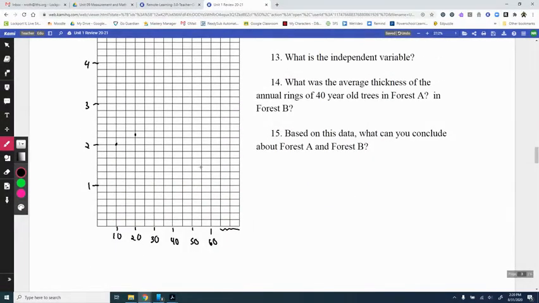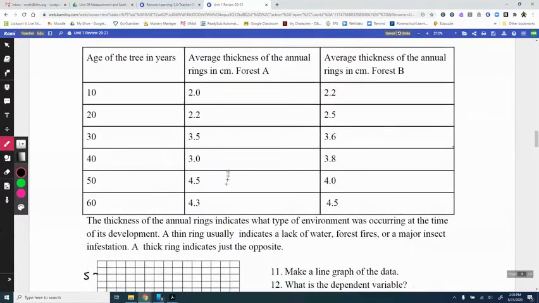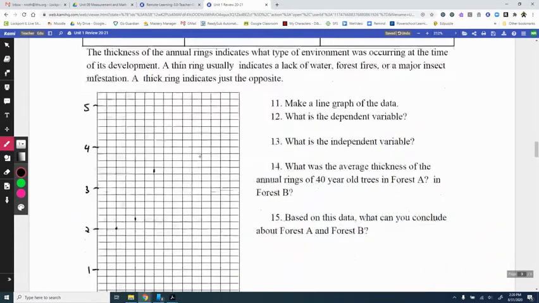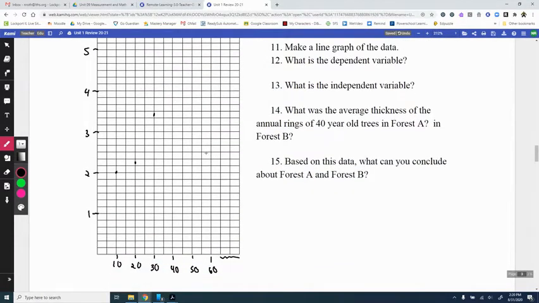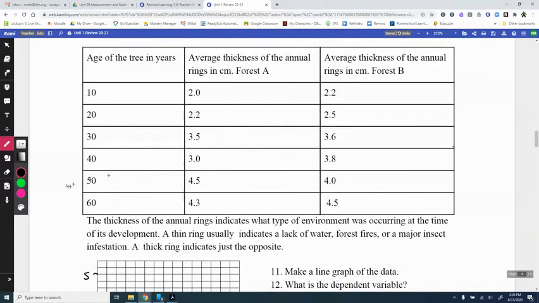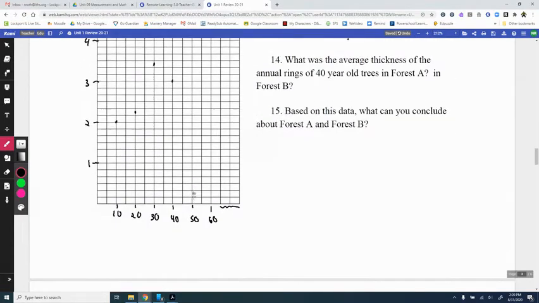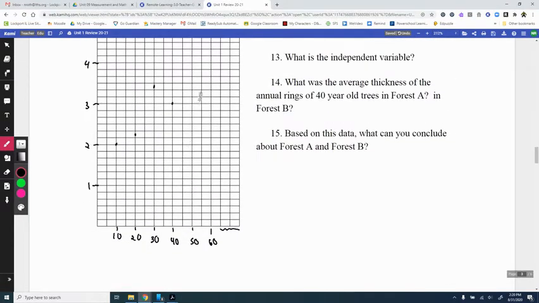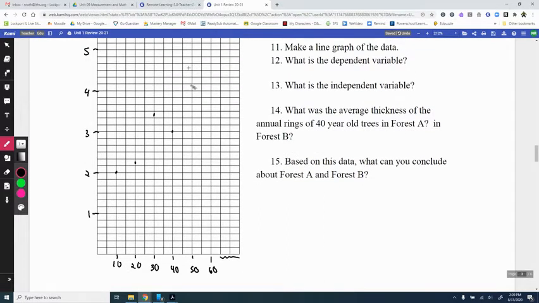So at 30, we go up to 3.5 right there. Next, we have 40 at 3.0. So that went down a little bit. So 40, 3.0. 50, 4.5, right there.